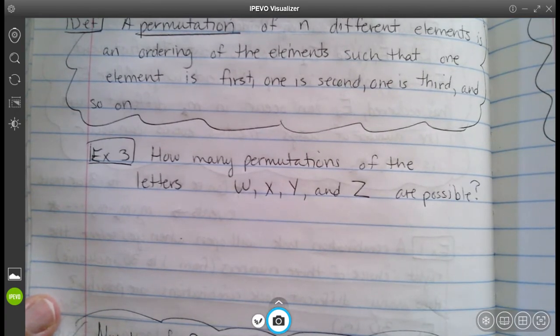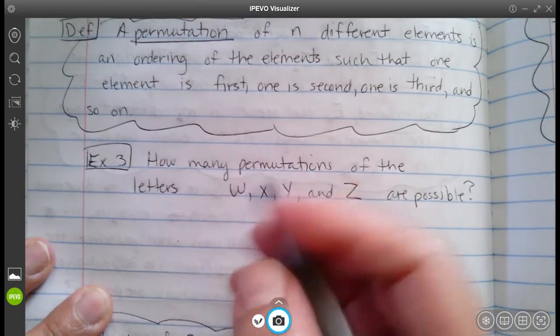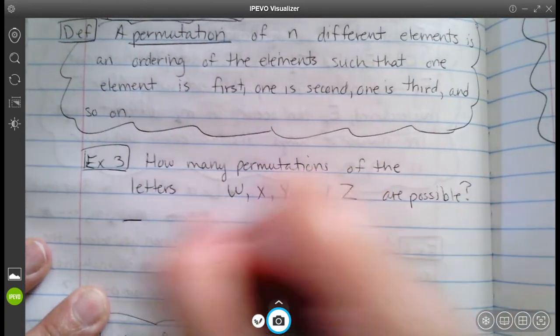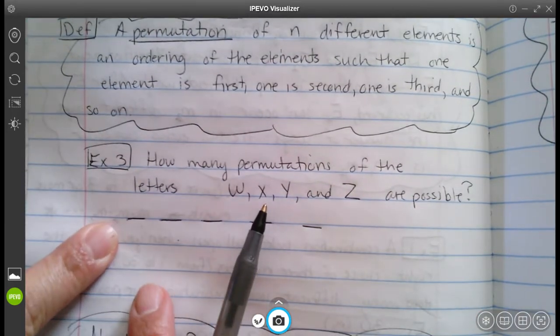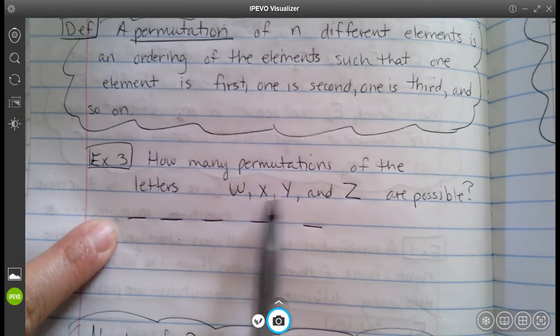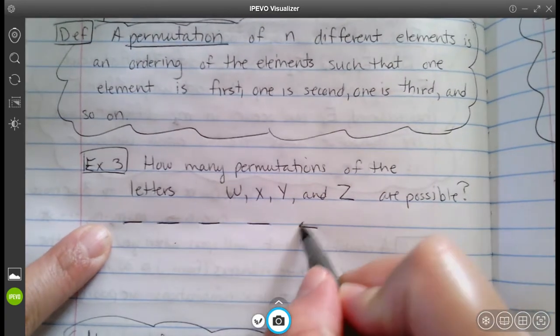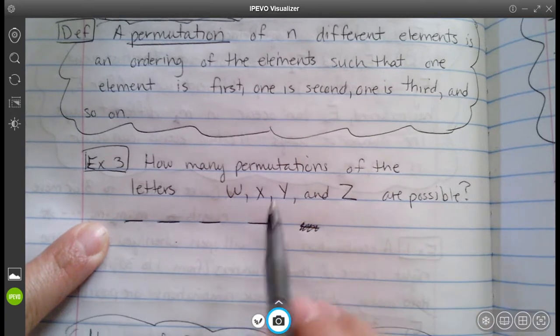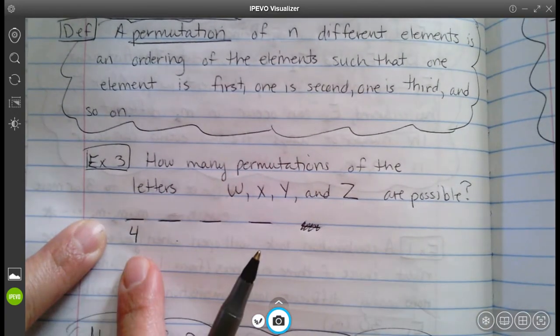So again, order does matter. So for my first spot, let's see, we have 4 letters, 1, 2, 3, 4. Oh, I'm sorry, I said 5. It's only 4, ignore that. So for the first spot we have 4 options.